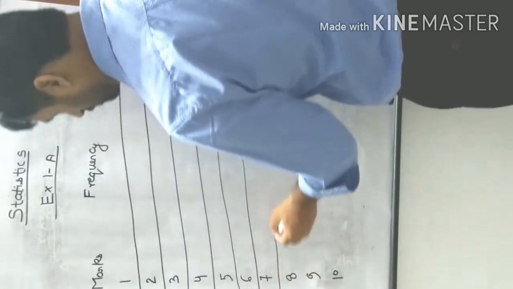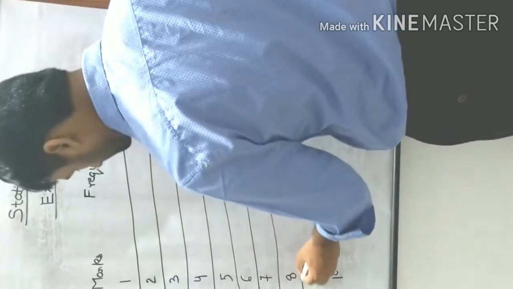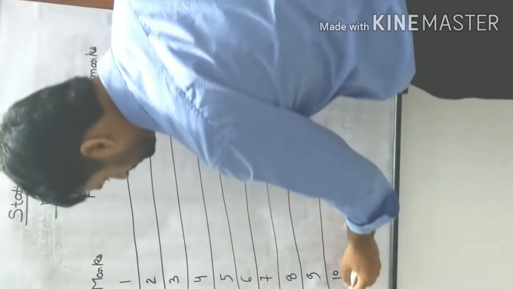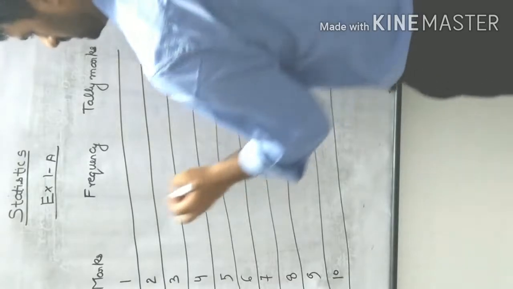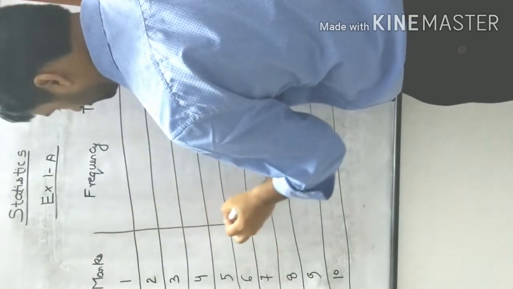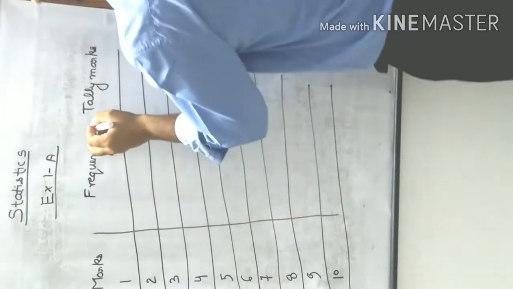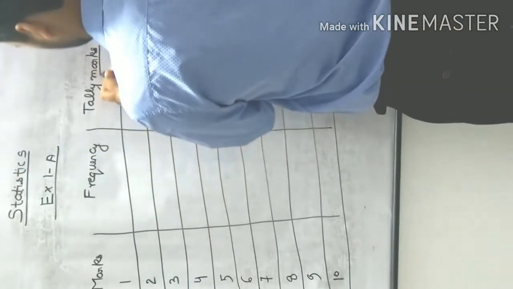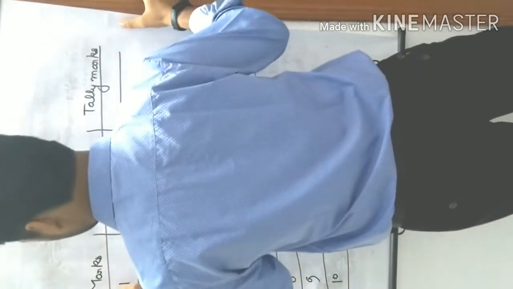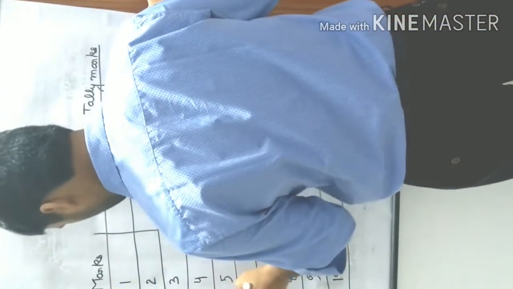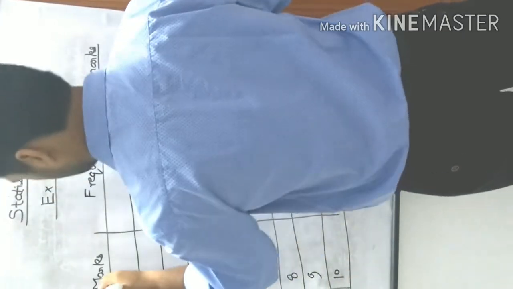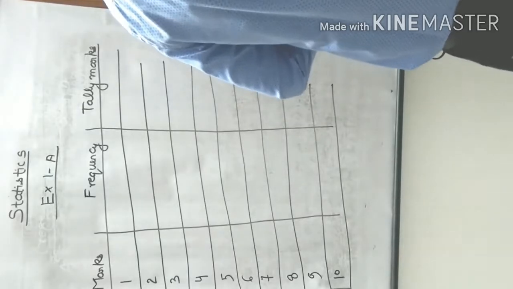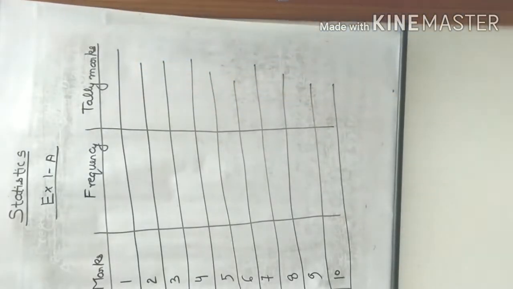So where the question says draw a frequency distribution table, you will draw something like this.